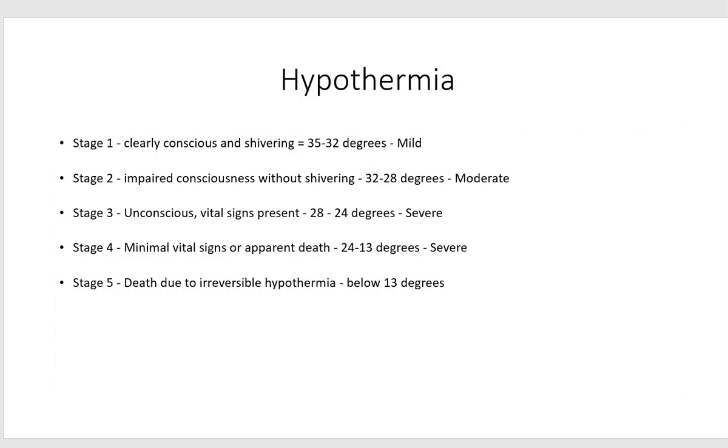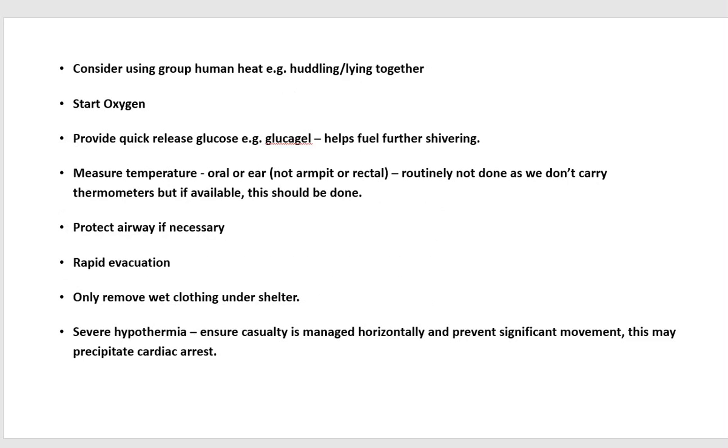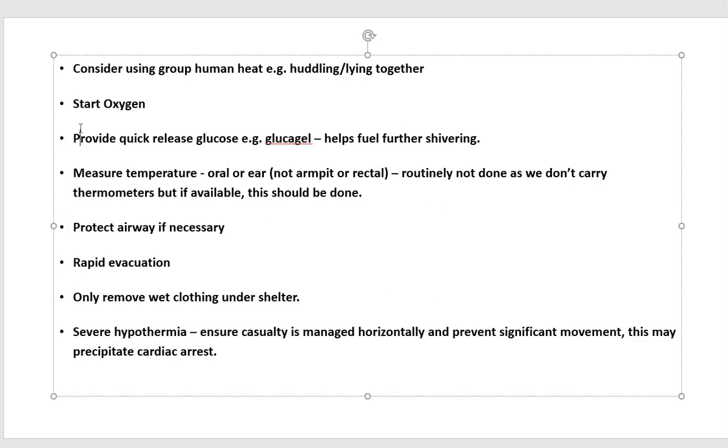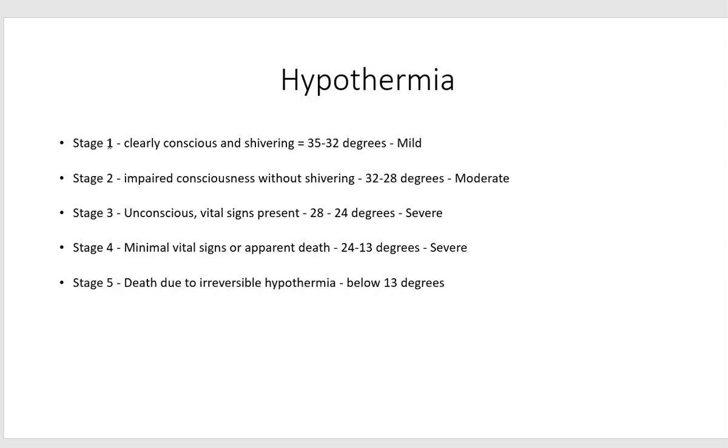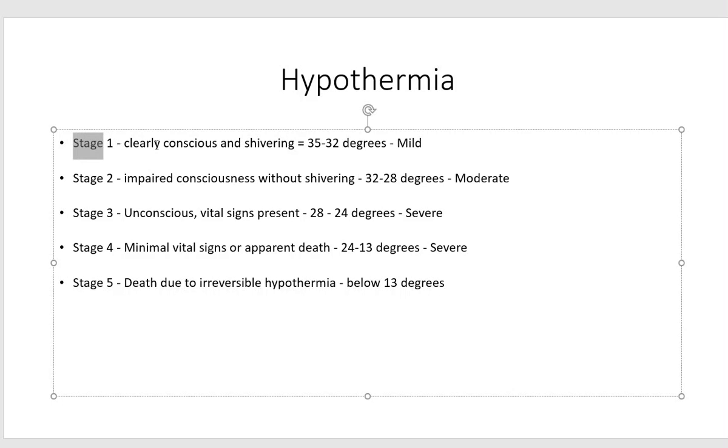So those are your rough 5 stages, and they're very useful to be aware of. So what are we going to do for someone who's cold? Let's face it, the majority of patients, casualties we're going to see, I'm sure some of you have seen some already this year on the hillside, are at stage 1. And it's worth saying that people in summertime can reach stage 1.